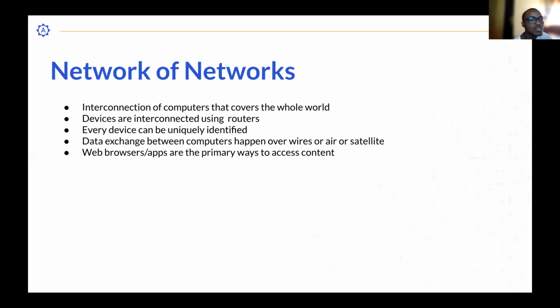But if you want something generic, then your web browser will be your primary way, because with your browser you can access software updates, videos, news, anything. The browser will be your go-to software if you want to go generic and get everything. So yes, that's what we had about the internet.